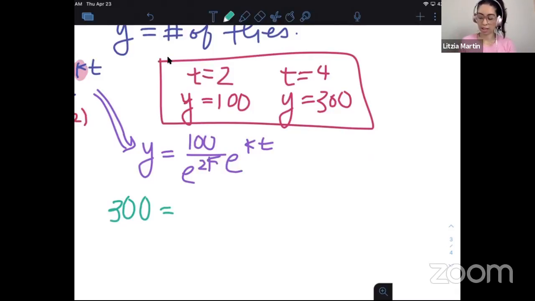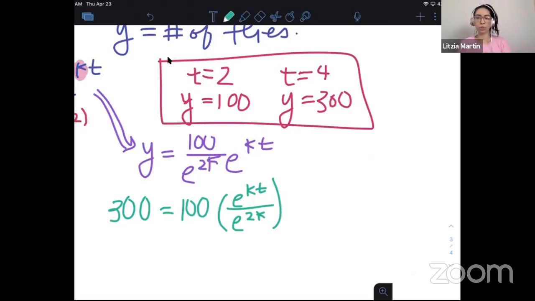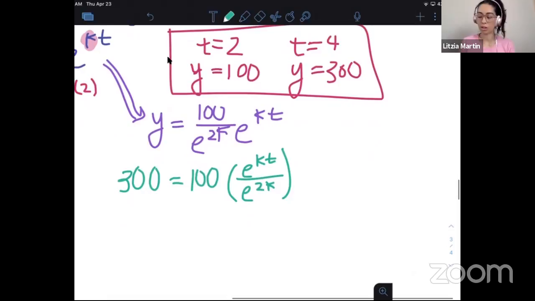So this is technically e to the kt divided by e to the 2k. Which we can also simplify, because when you're dividing two things with the same base, it's the same thing as subtracting the exponents. So let's actually plug in the value here, and then we can do that.